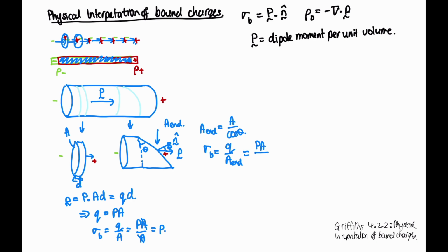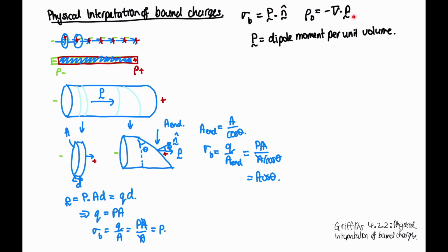And then A_n is A over cos theta. So this is equal to P cos theta, which is the dot product between P and the normal vector. The angle between these two is cos theta. So hopefully that's satisfied you that physically this makes sense.